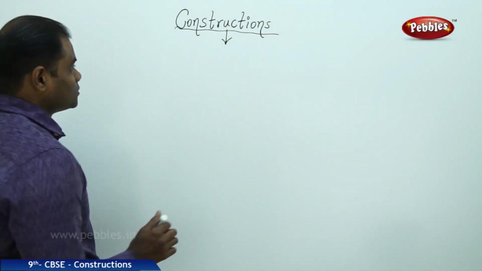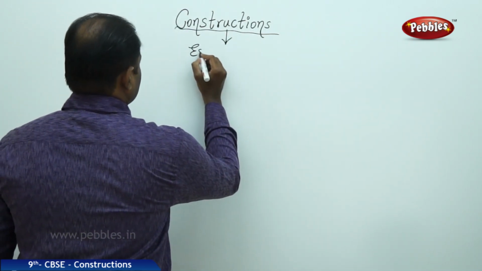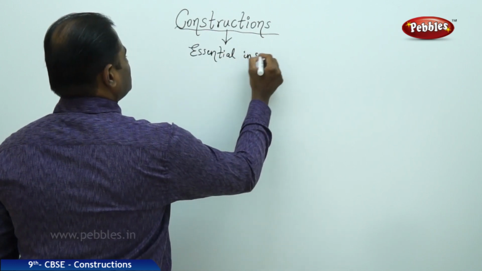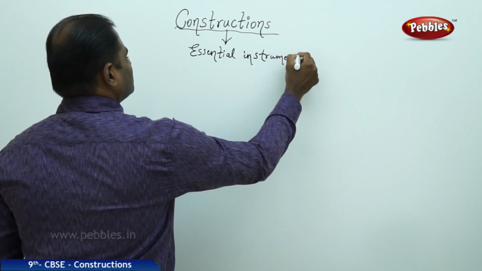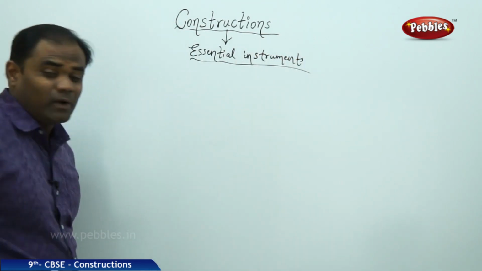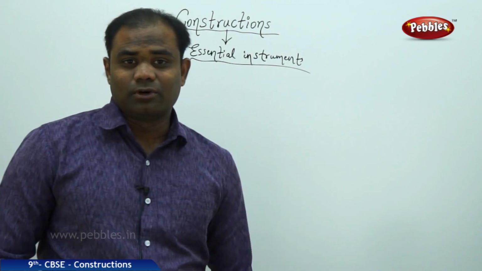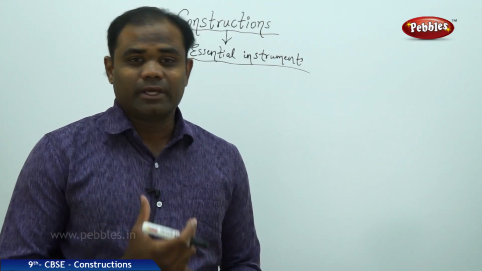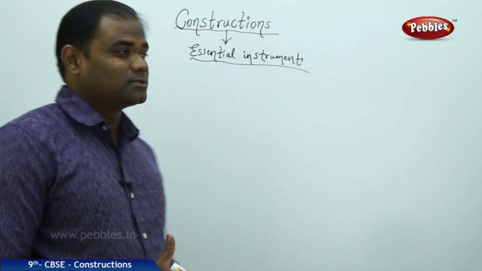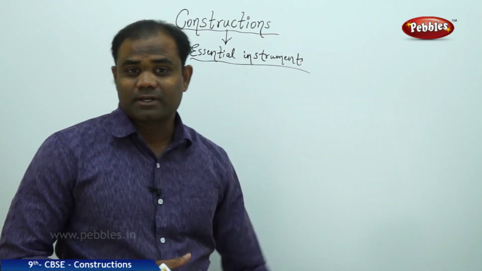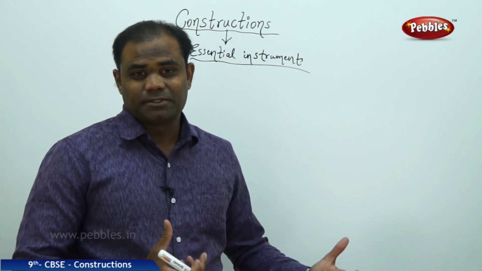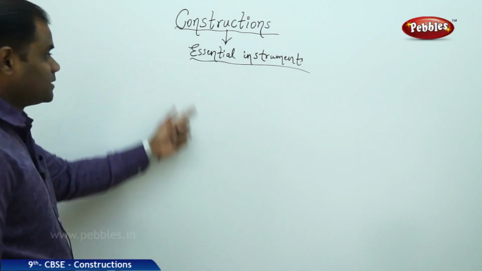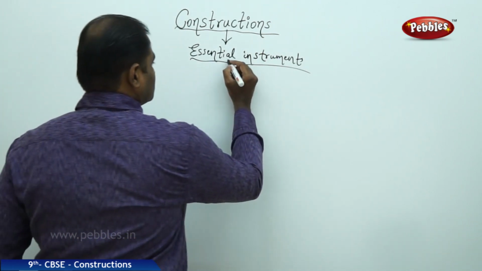It is very important to note that essential instruments play a vital role in constructions, because if you want something perfect, you need to have some tools. So let's see what tools are used in order to make perfect constructions, just like the bridge in the previous example. So let's see the essential instruments.